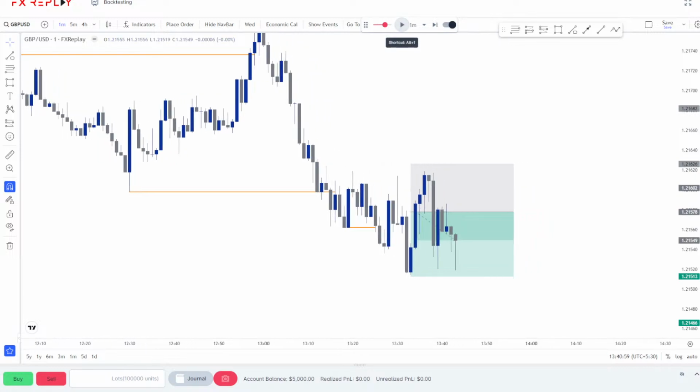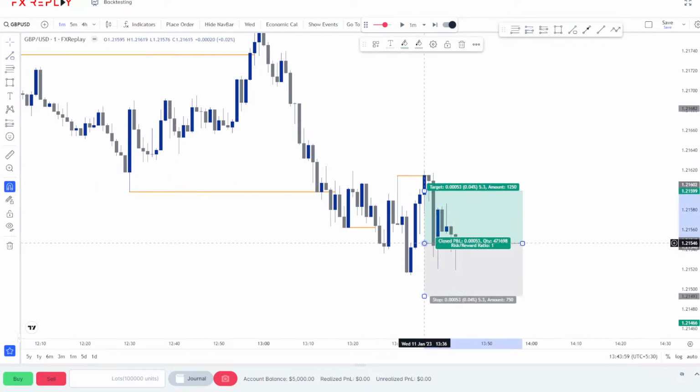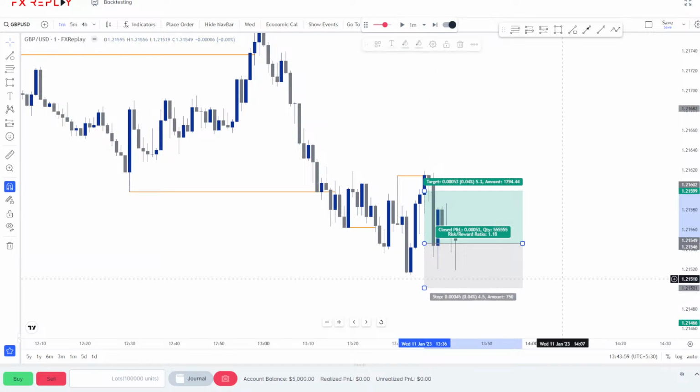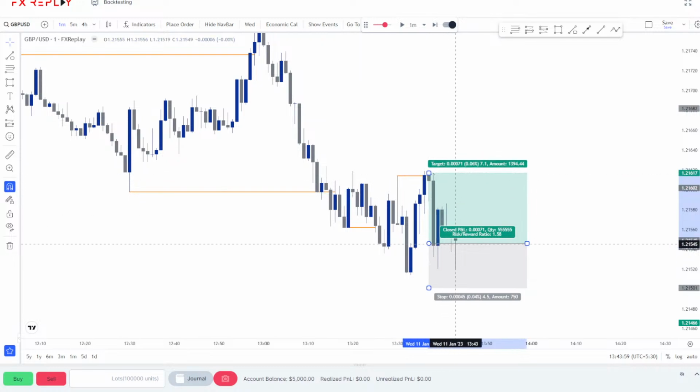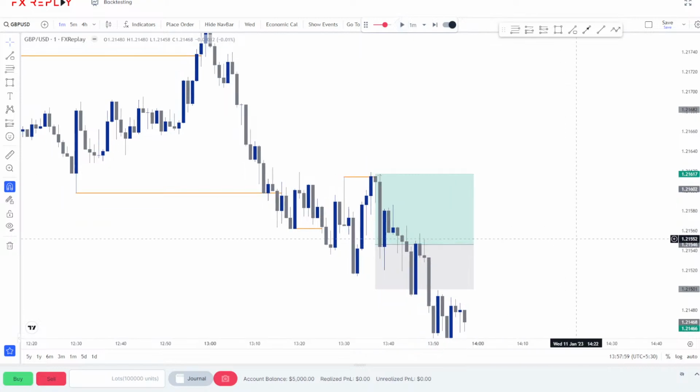Next up, let's see if it actually broke the structure. 0.2, 4.5. Let's see how this goes. Okay, this was also a loss.